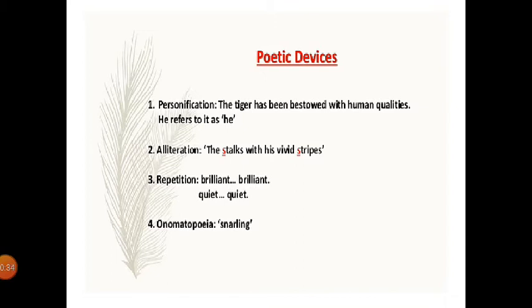Alliteration is used in "stalks with his vivid stripes", and repetition is the word brilliant or quite. Now the rhyme scheme of the poem is A B C B, and onomatopoeia is used in the word snarling.